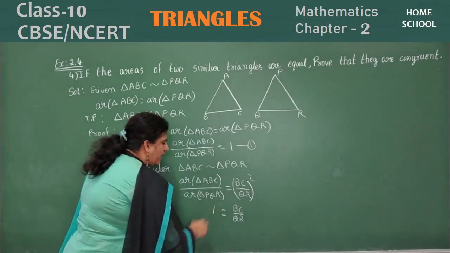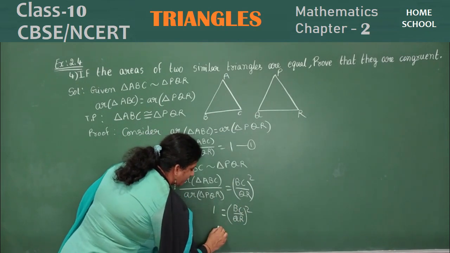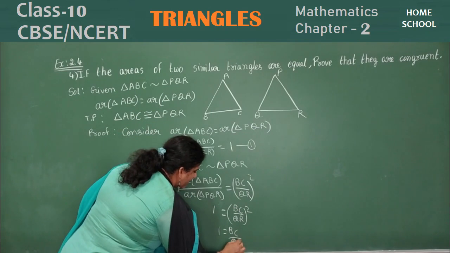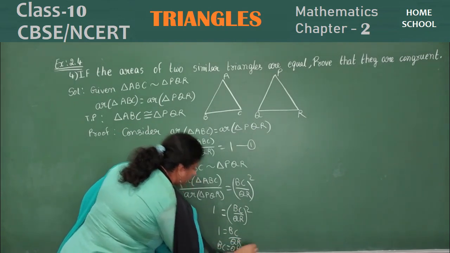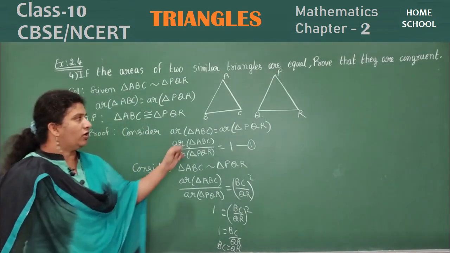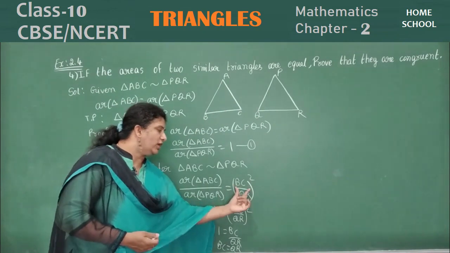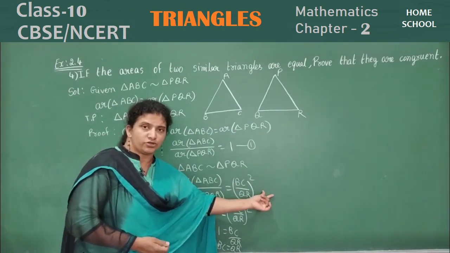Apply square root on the other side. Square root of 1 will be 1, children. So directly you write 1 is equal to BC by QR. That makes BC equal to QR. Now what did you get here? BC is equal to QR. Similarly, not only BC by QR, I can equate all the other sides also. Do you remember?